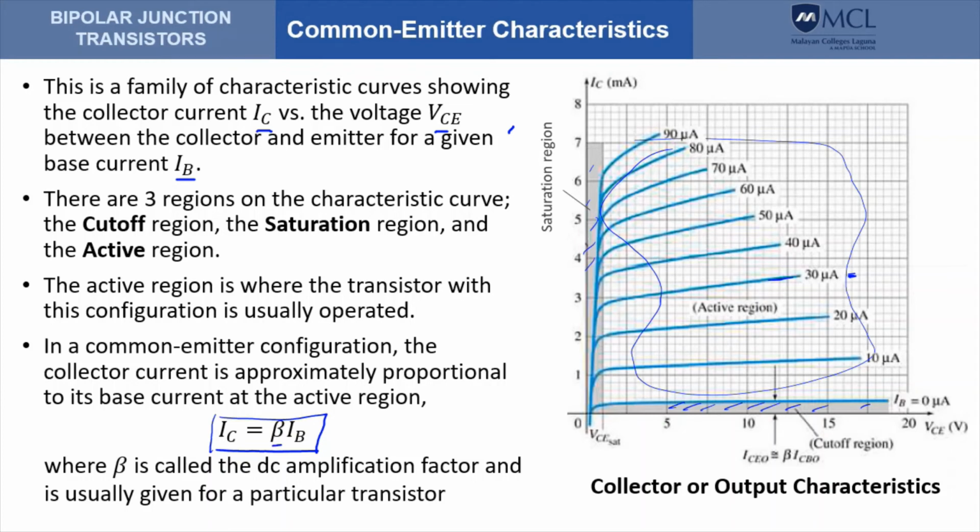It is called the DC amplification factor for this configuration. So the DC amplification factor is the ratio of the collector current and the base current, and usually this is much greater than 1.